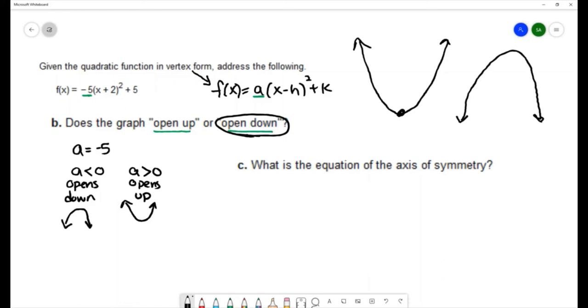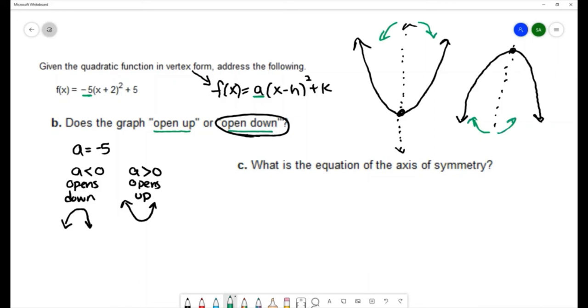So if we draw a vertical line passing through the vertex, we get what's called the axis of symmetry. And this symmetry means that we're going to have a mirror image on either side of that axis of symmetry, a mirror image around the vertex.